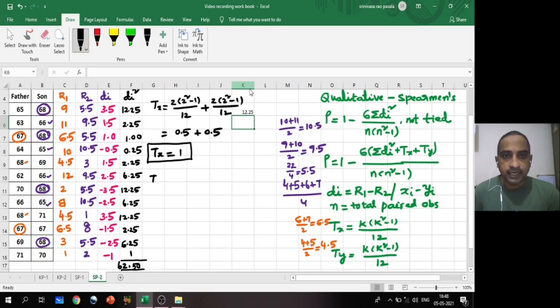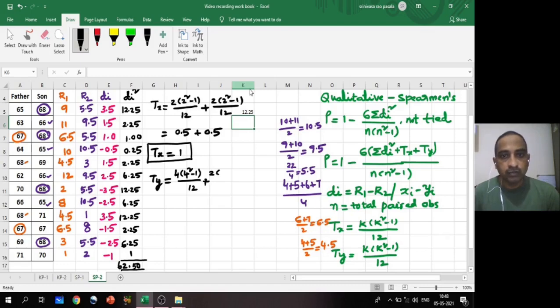The next is the ty value, so the same. If you observe here, 5.5 is repeated 4 times, 1, 2, 3, 4 times. That's why 4 into 4 square minus 1 by 12, plus the next one, 9.5, is repeated 2 times.